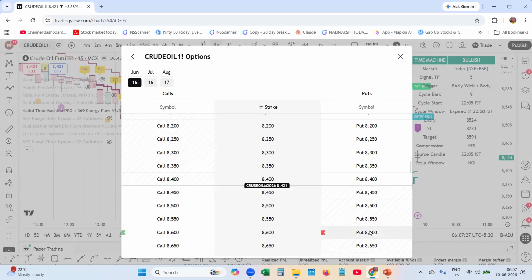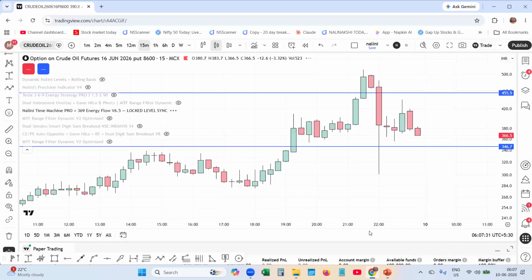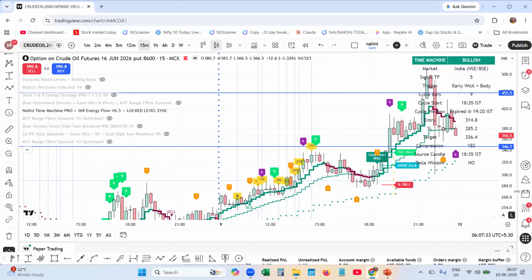I was just watching what the range filter and my indicators are telling. That's why I've put a lot of filters.